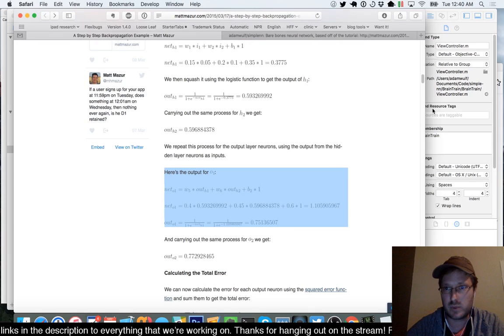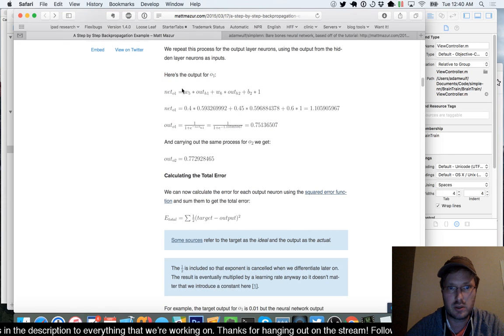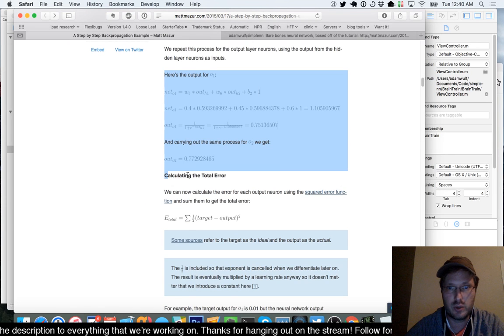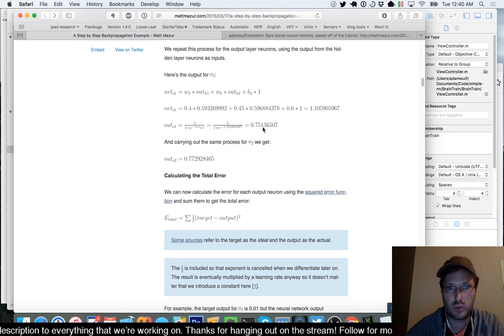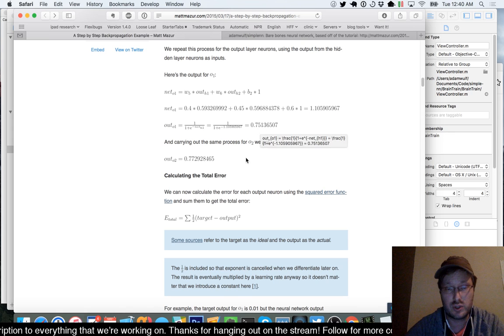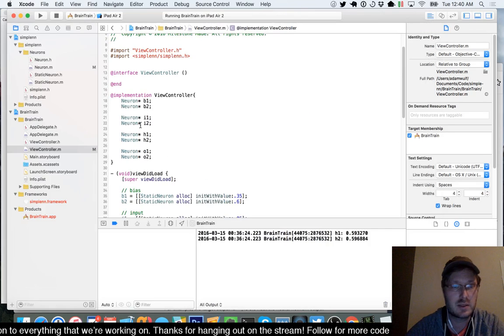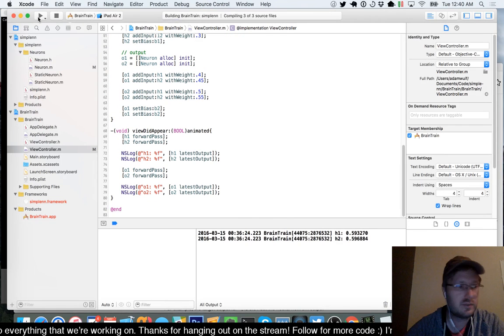Which means when we run this, here's the output for O1 and O2, we should get those values. O1 is 0.75 and O2 is 0.77. Are we going to do it? What do we think?